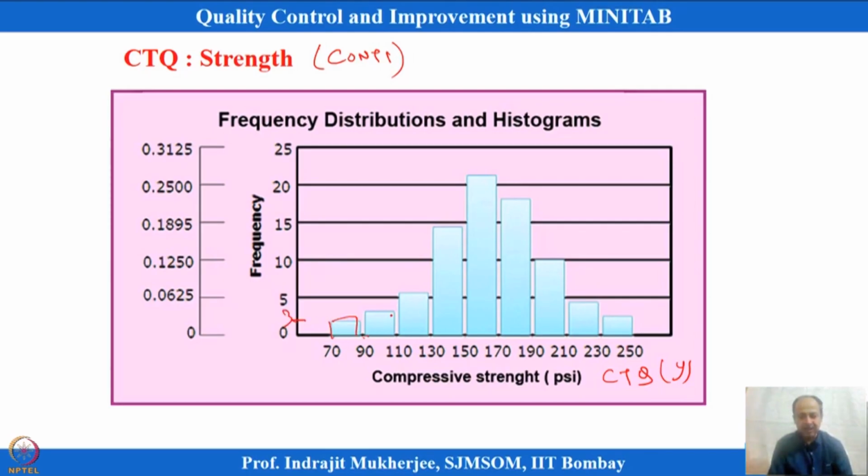Similarly, 90 to 110 has maybe 4 observations. The highest is maybe 22 observations, which lie in the range of 150 to 170. This is the maximum frequency, so most of the observations are around 150 to 170.